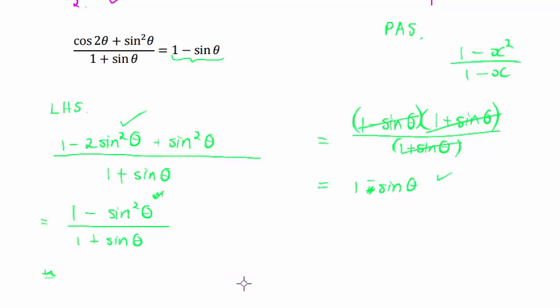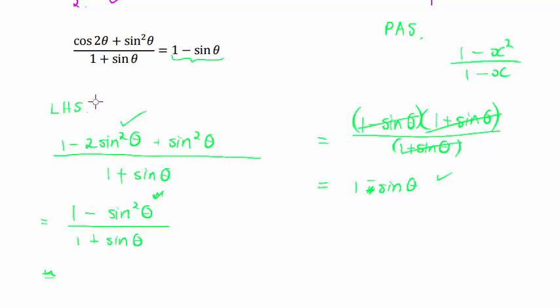Not a lot. Often what they would do is they would ask you this question, then they would ask you for which values this identity will be undefined. What would we do then? Which values of theta?